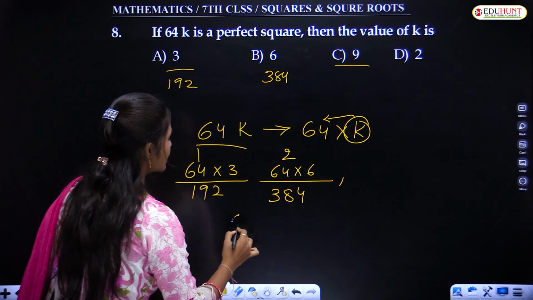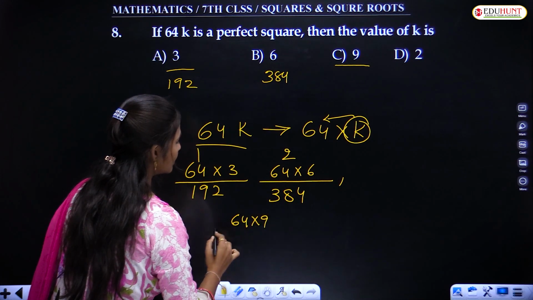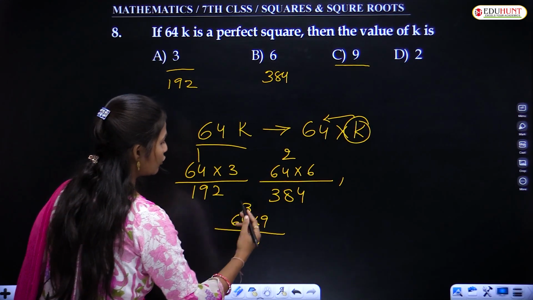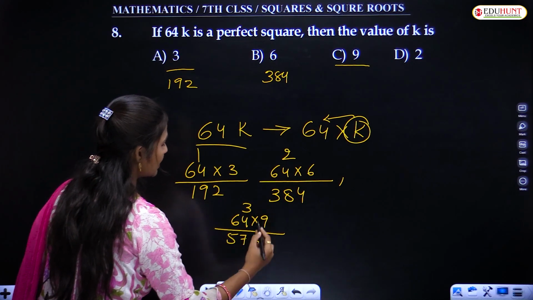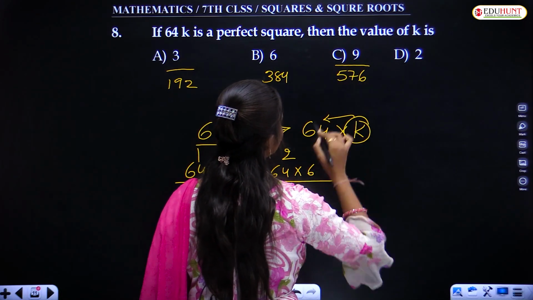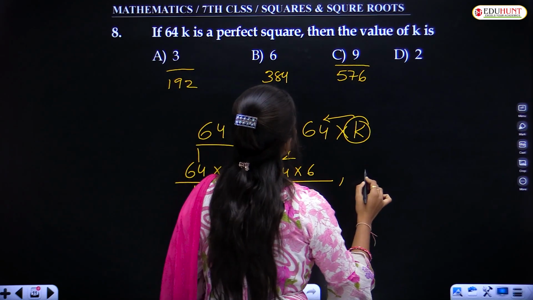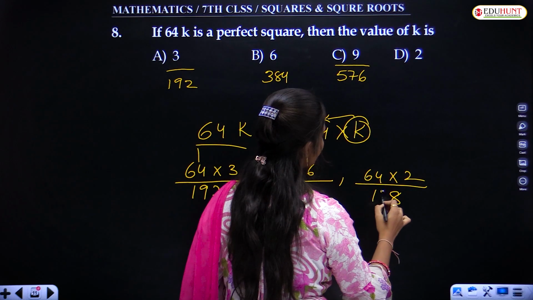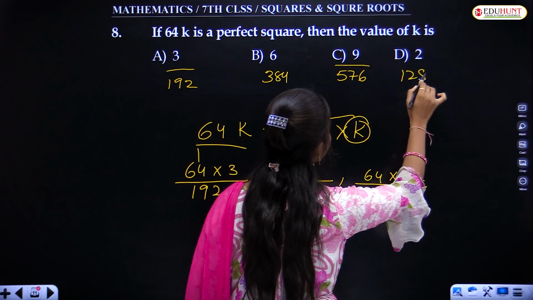So 64 into 9: 9 4s are 36, 9 6s are 54 plus 3 equals 57. That is 576. Next, 64 multiplied with 2: 2 4s are 8, 2 6s are 12. So here we are getting 128.